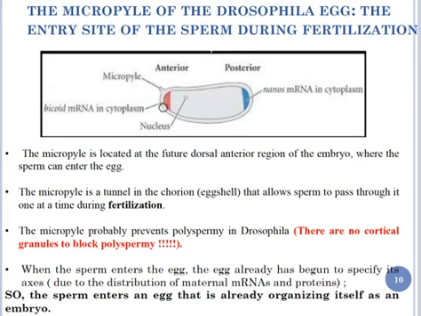present in the chorion, which is the outer eggshell surrounding the embryo, and this micropyle is probably preventing polyspermy. It means it will prevent penetration of additional sperm cells once one sperm cell has entered and fertilized the oocyte.